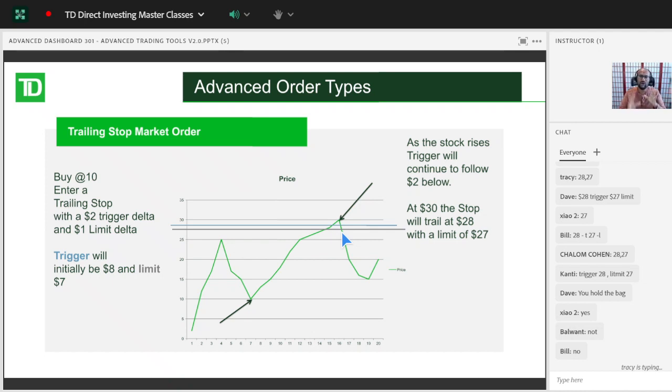And this is kind of why you have to be careful with these limit orders, because if it does gap down, you're going to be left holding that stock, and you would have asked yourself, well, what the heck happened? Why didn't it sell? Well, because once it triggered at 28, remember that's the trigger price, it's not the sell price. The next price that traded after 28 was 26.90.